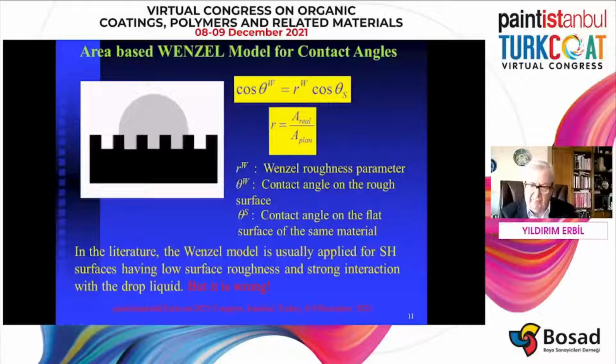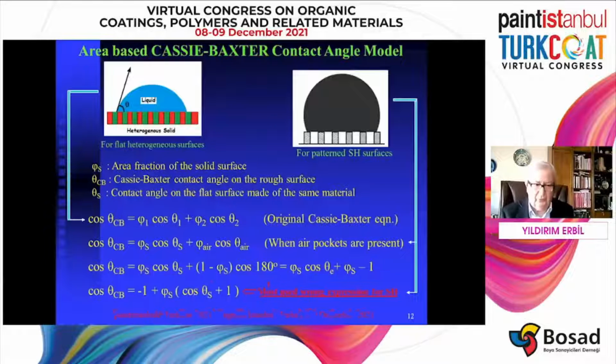And the same applies for the Cassie-Baxter contact angle model. The Cassie-Baxter contact angle model was developed in 1944, and this was developed for smooth flat surfaces. As you may see, this is a heterogeneous solid.